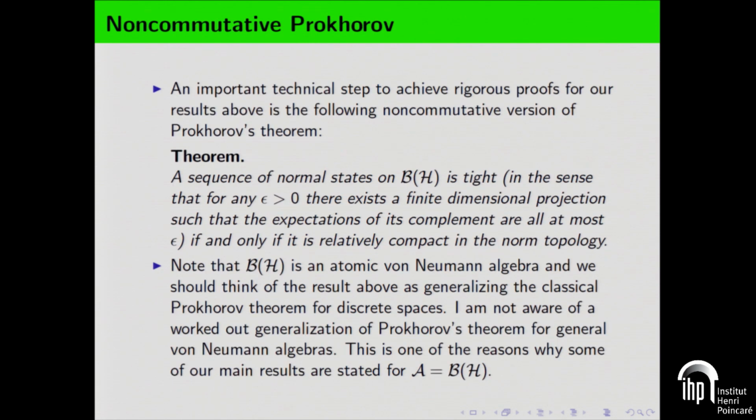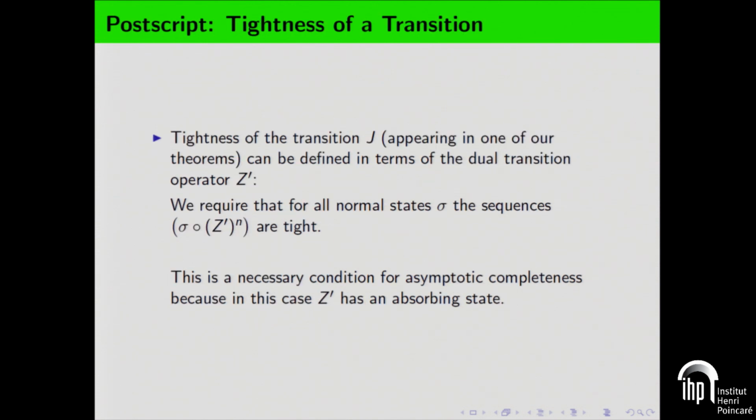Okay, so this is the tightness for normal states on B of H, and as a postscript I can give you the definition of tightness of a transition, which appeared in one of the theorems, in one of these equivalences. Asymptotic completeness was equivalent to universal preparability for all normal states plus tightness.